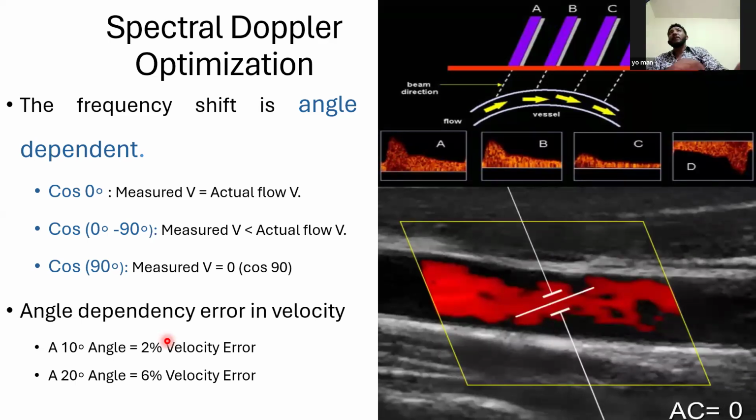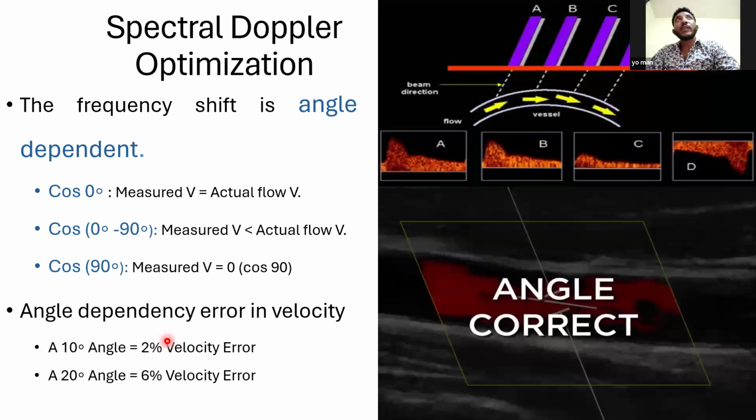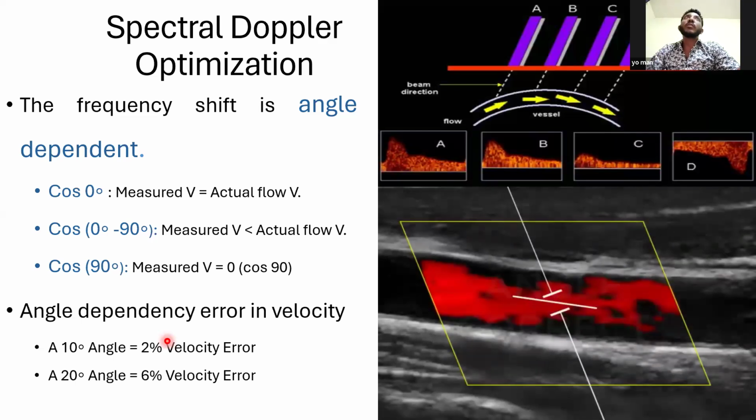Otherwise, it's not so much of a worry when we do ratios or some qualitative analysis. To get a perfect maximum velocity envelope and a perfect spectral tracing, we can adjust the gain. Adjusting the angle as low as 0° is the perfect thing to do.